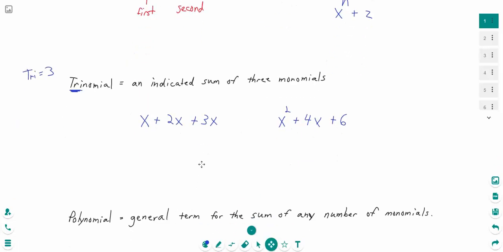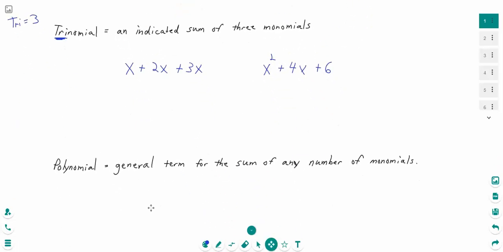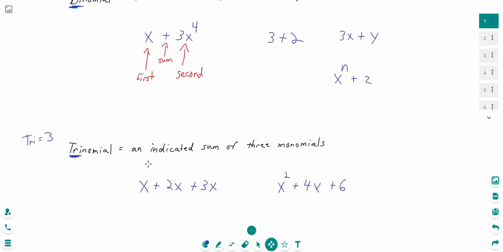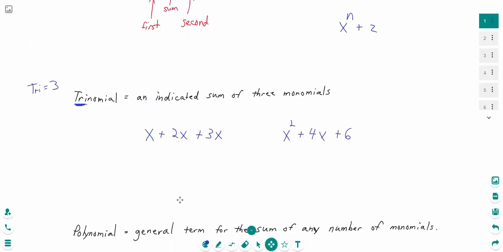And then finally, we have the polynomial, okay? Polynomial is basically the general term for the sum of any number of monomials. So here we were very specific. A binomial needs to be 2 monomials summed together. A trinomial needs to be 3 summed together.